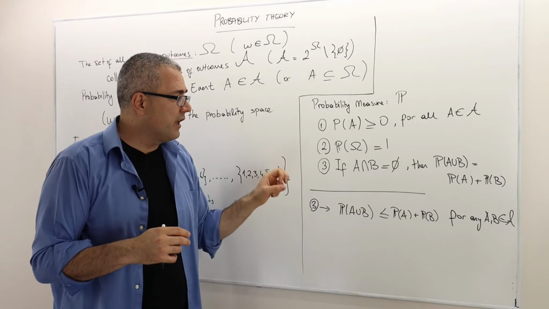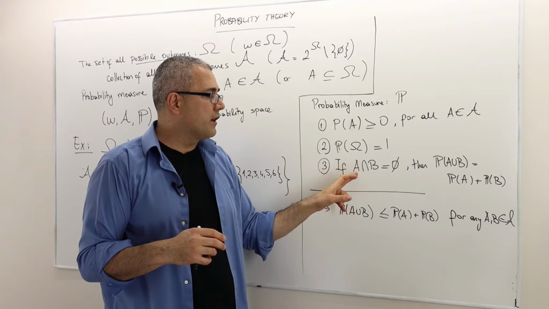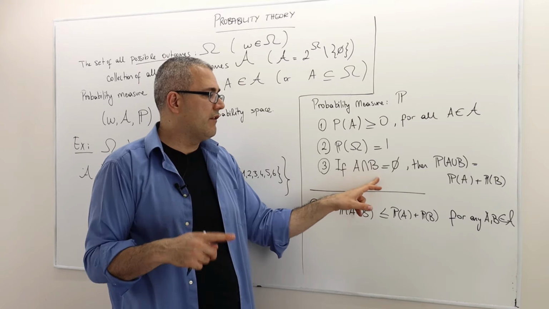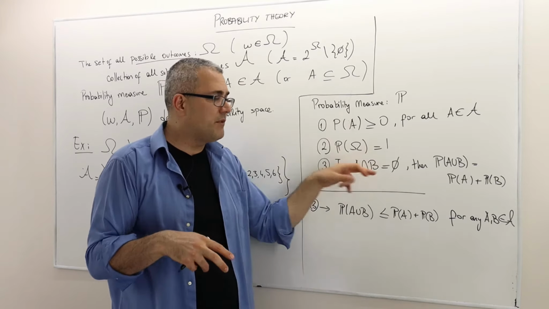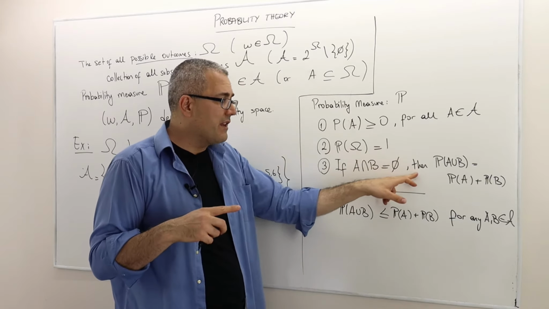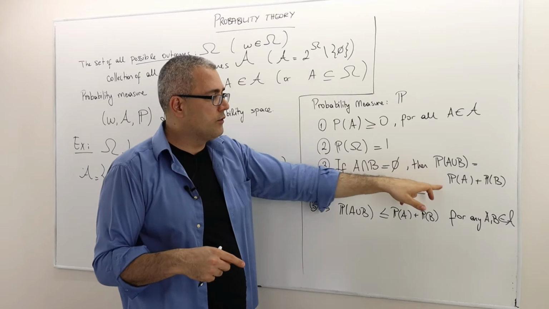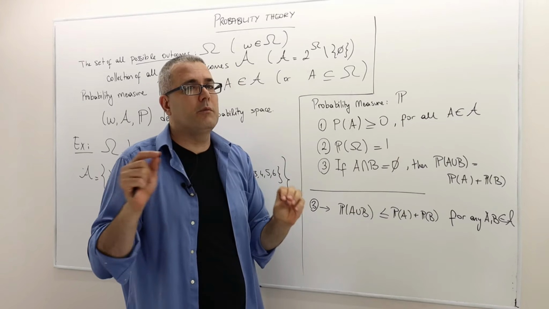And the third thing is that if there are 2 disjoint events, so I have an event A, I have an event B, and their intersection is empty, then the probability of A union B has to be equal to probability of A plus probability of B.